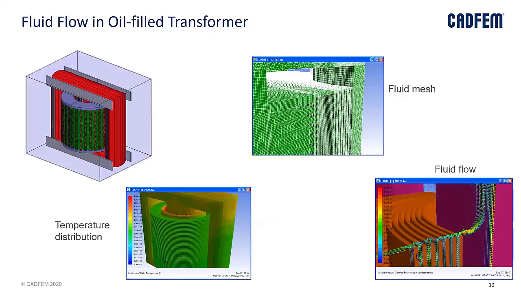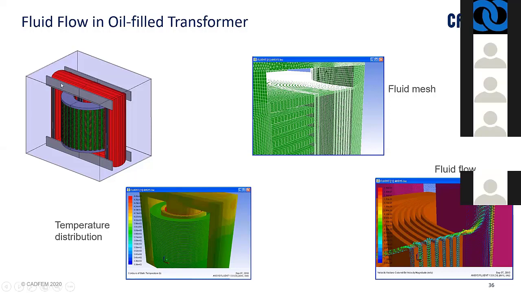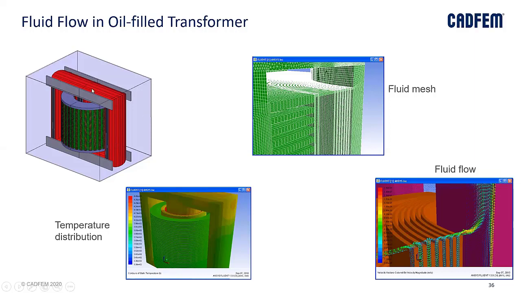You can see the workflow here, where we clearly mention how we did it using our single platform called Ansys Workbench. Here is the general structure of the transformer with the LV and HV voltage windings. Out of this complete geometry, we have considered only one quarter of the model for this analysis.